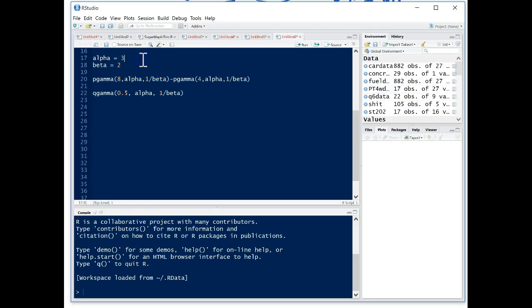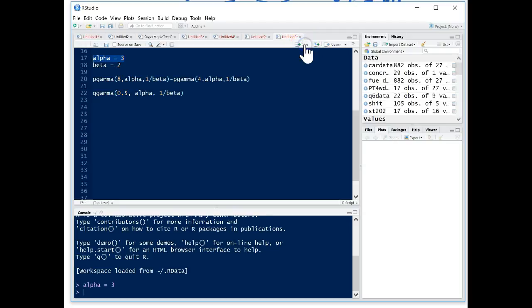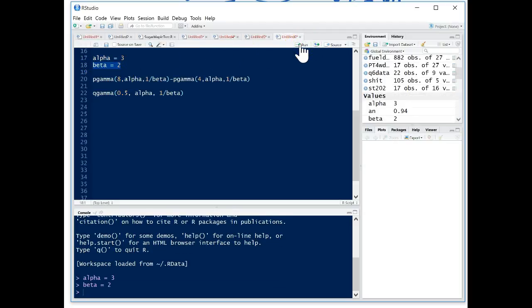Again, our alpha is equal to 3 and beta is equal to 2. We can use the function pgamma to find the probability that we're interested in. Here, if we highlight and run, we define alpha and beta. We don't necessarily have to do this, we could just put in 3 and 1 over 2 here, but I think it helps keep things straight if we're going to be doing multiple commands.